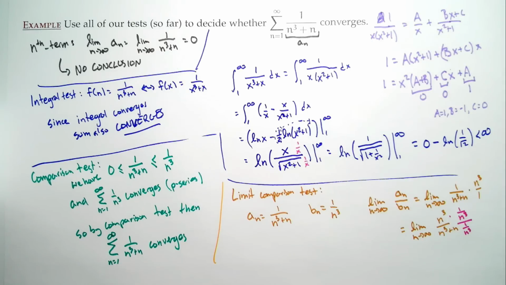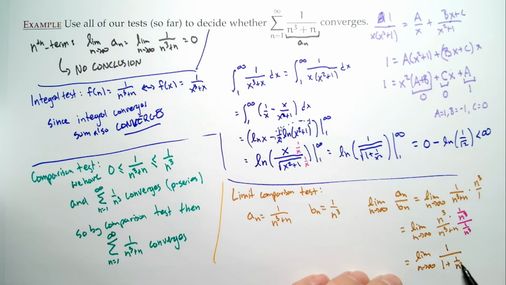And all right, so what happens? Well, if you do that, you see that this becomes the limit as n goes to infinity of 1 over 1 plus 1 over n squared. And now it's easy to take that limit. It's going to go to 1 over 1 plus 0, which is just 1.